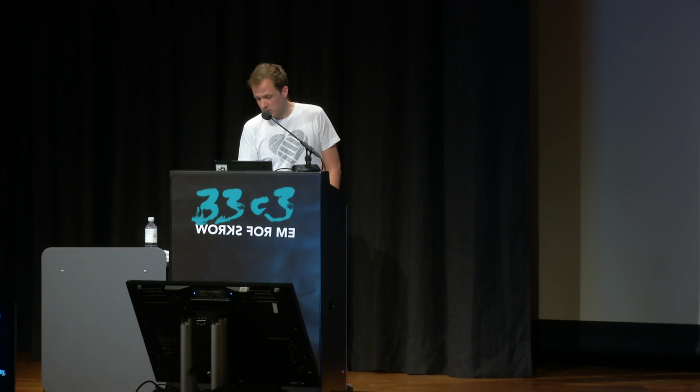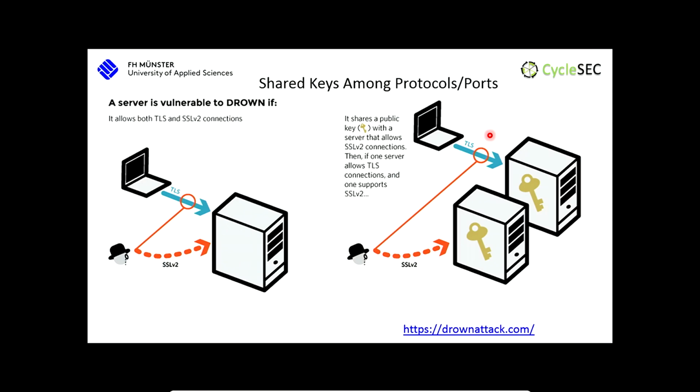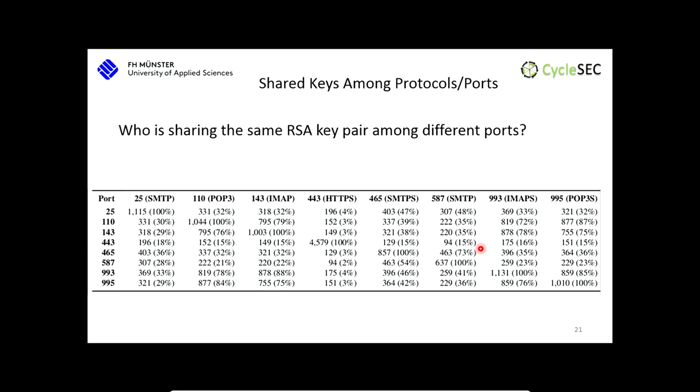The attacker can still eavesdrop on the TLS connections that it sees here and break it afterwards by making SSL version 2 connections to this server, which uses the same key material and supports SSL version 2. Right? And when we scan the internet to see how this affects the number of hosts that are vulnerable to DROWN, this was pretty dramatic.